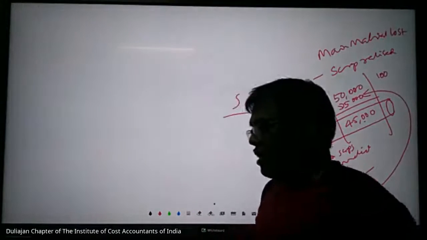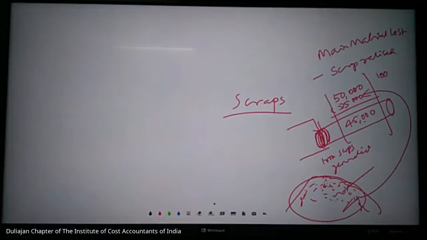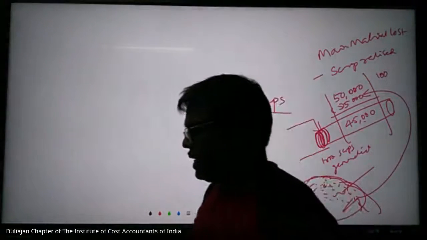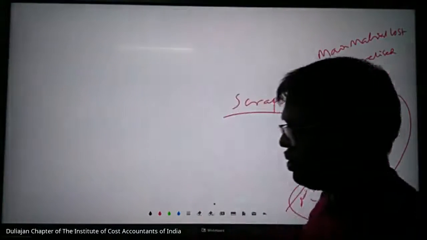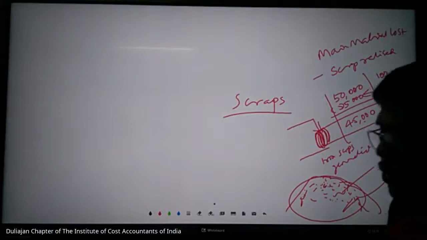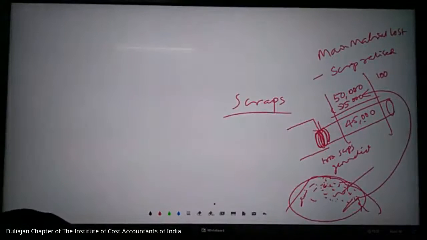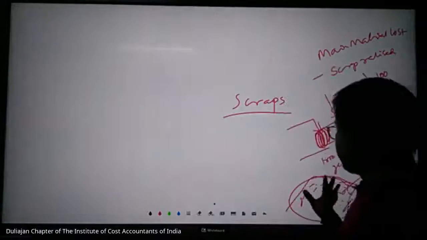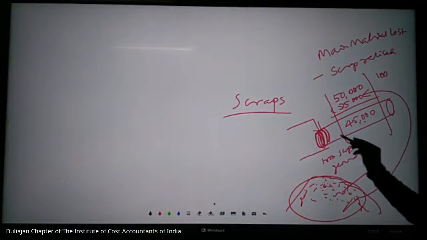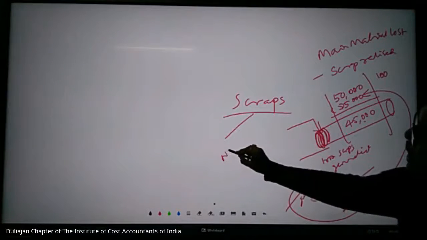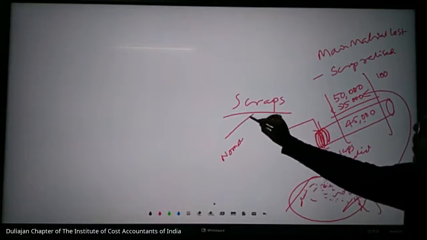How the accounting treatment works, you will be knowing that, just read it out. I will not explain it now. You may get confused. When you do problems, we will understand that. And this scrap also I can know. Here also I can fix what is my normal, what is my abnormal.